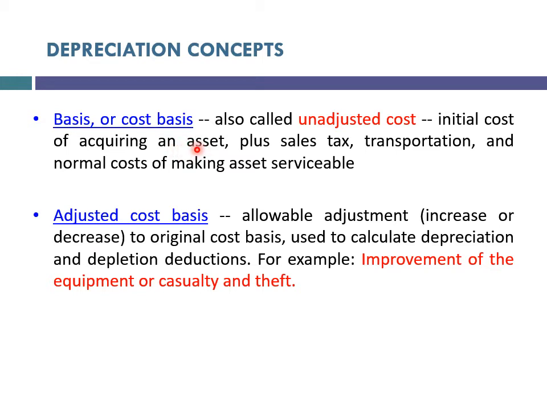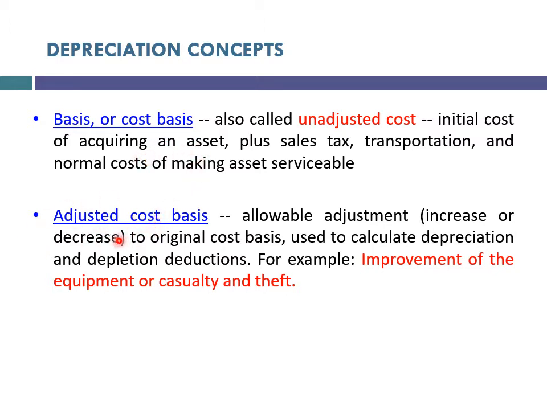This acquiring cost includes the sales tax that you are paying, the transportation cost of that into your facility, and all the additional costs for setting up the asset and making it ready for service. So all the associated costs are included in this acquiring cost or initial cost. So this is the basis, cost basis.